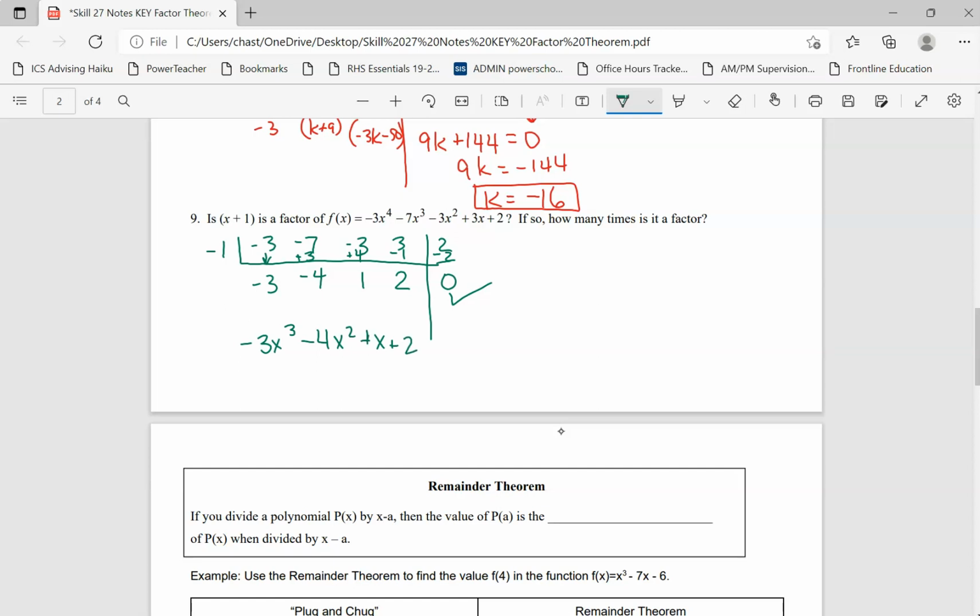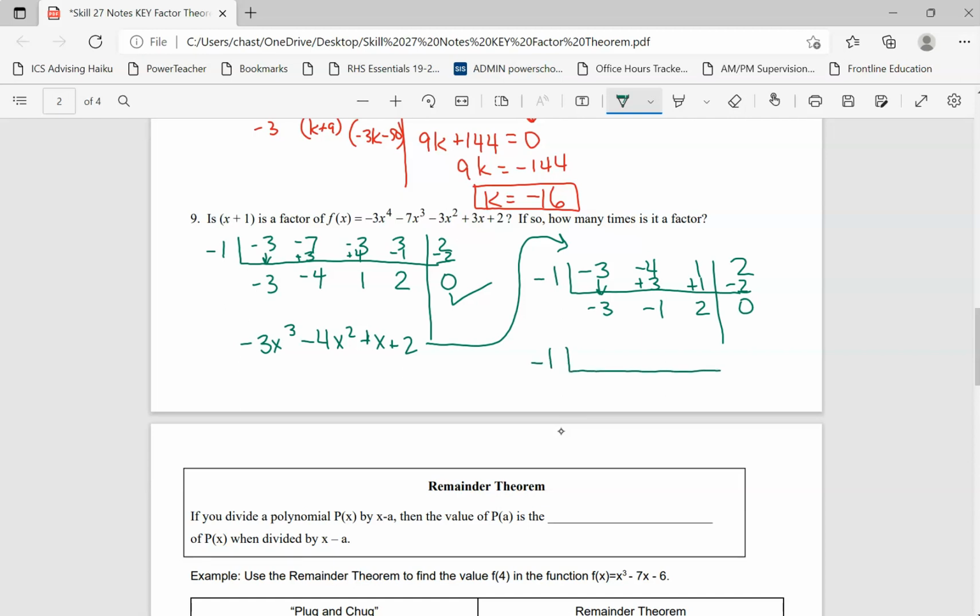Now, it's asking how many times is that a factor. So what we want to do now is use that polynomial, and we're going to see if negative 1 can go into that again. So let's see if it does. Drop down your negative 3. Okay, it looks like it works a second time. So now let's see if negative 1 is a factor to those numbers again.